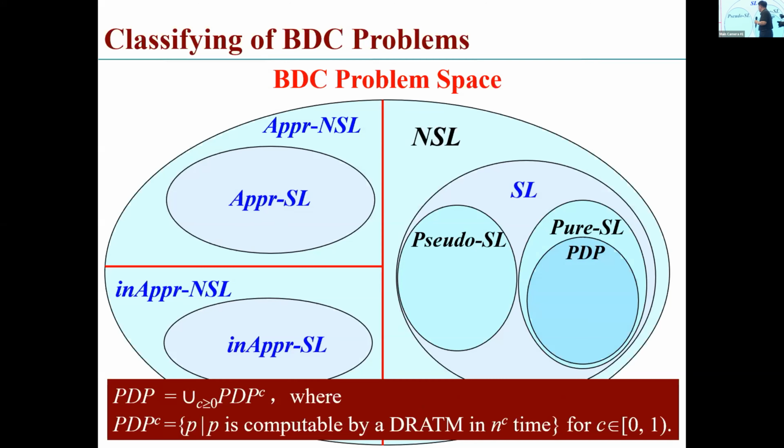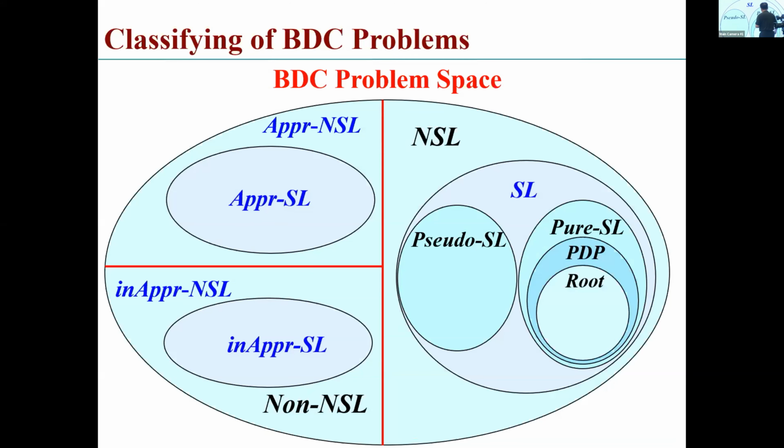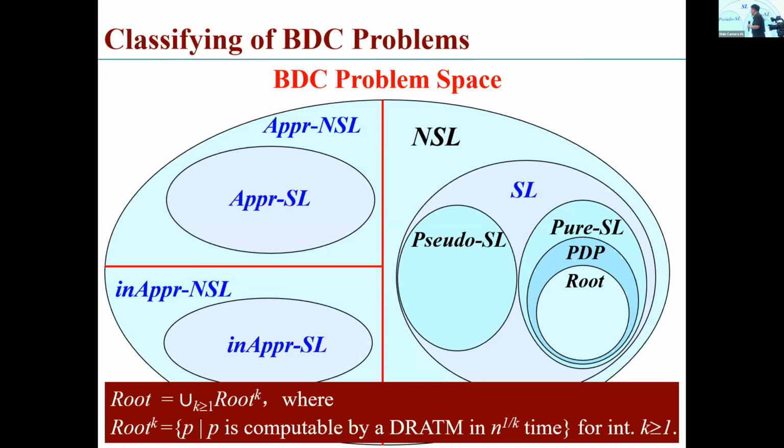Okay, we can also define a new class root. Root equals the union of all root_k for k greater than or equal to 1.